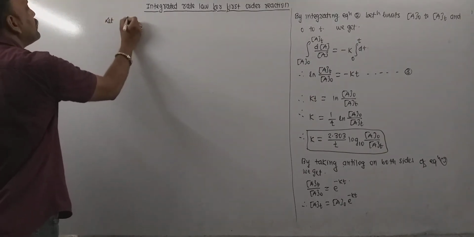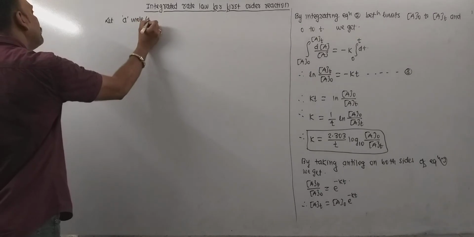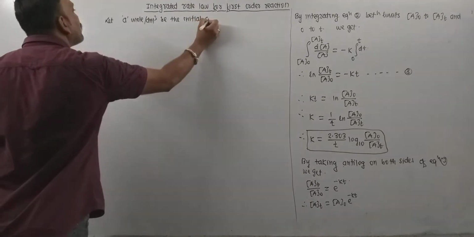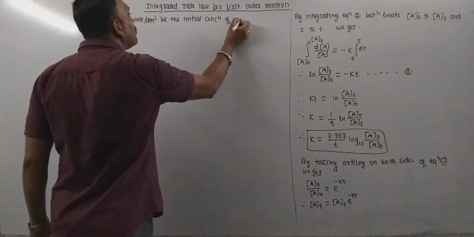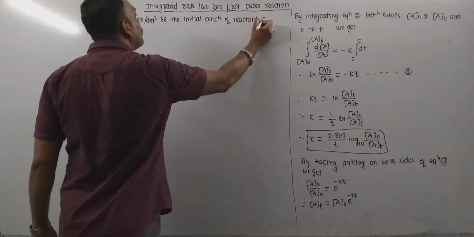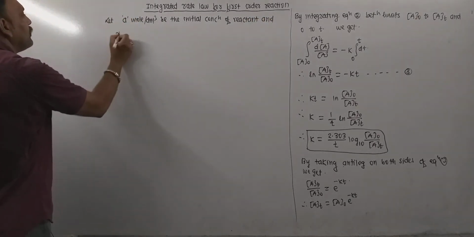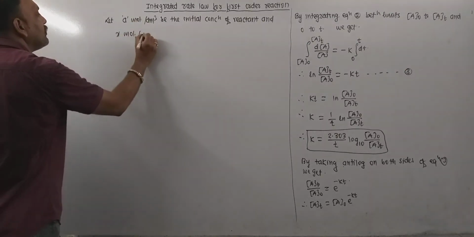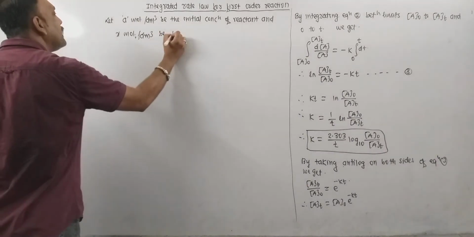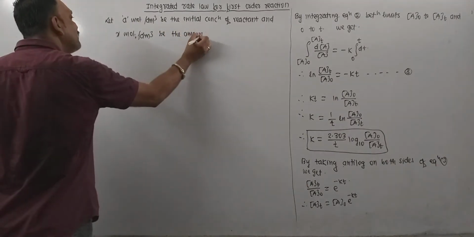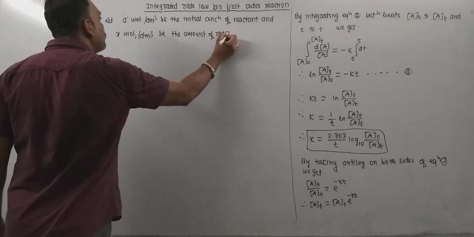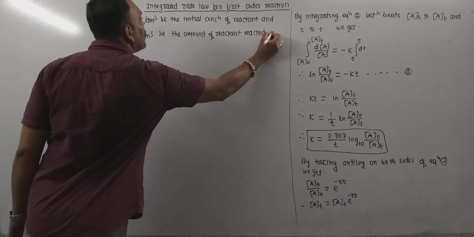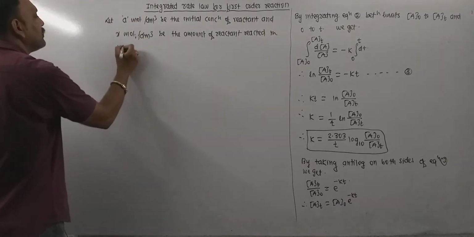Let a mole per liter be the initial concentration of reactant and x mole per liter be the amount of reactant reacted in time t.